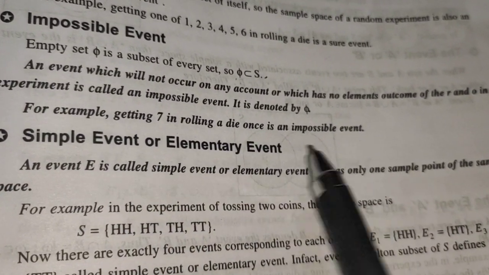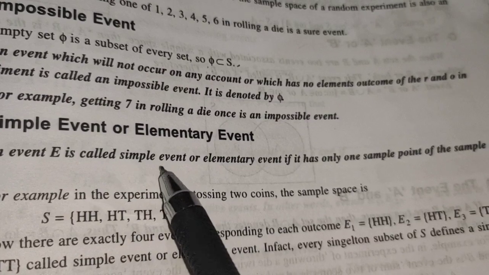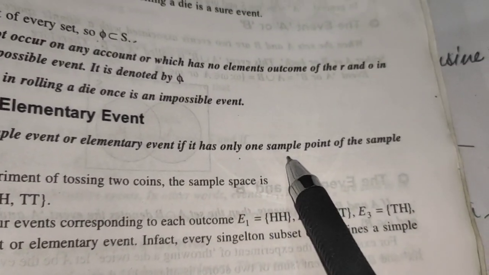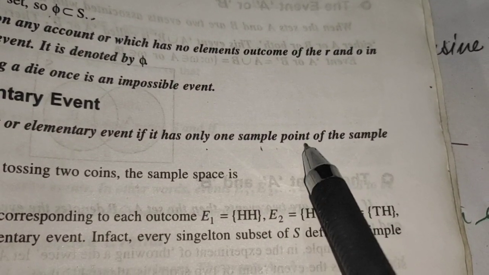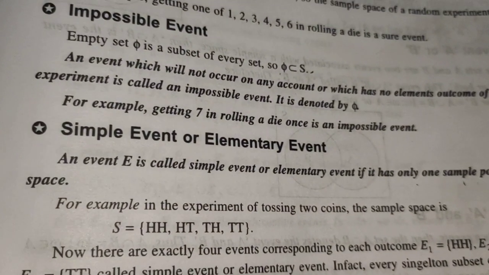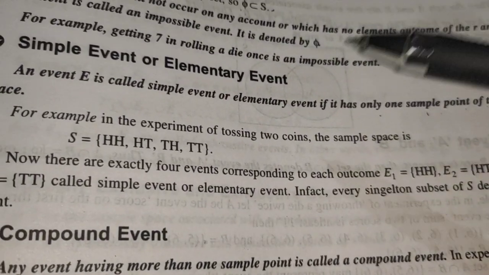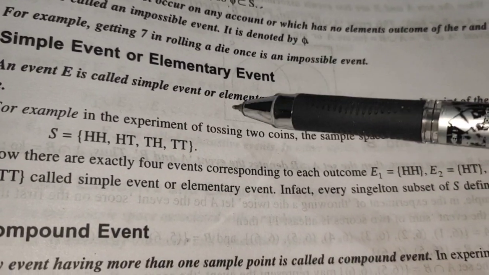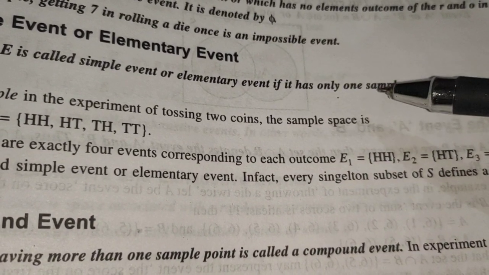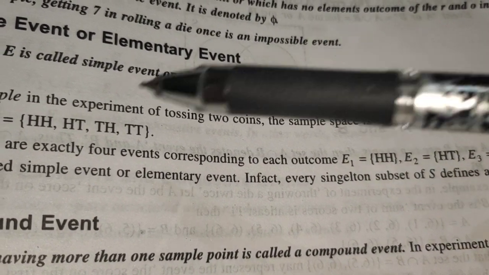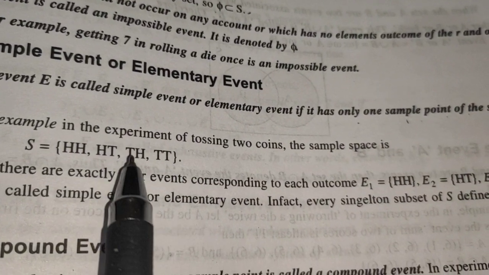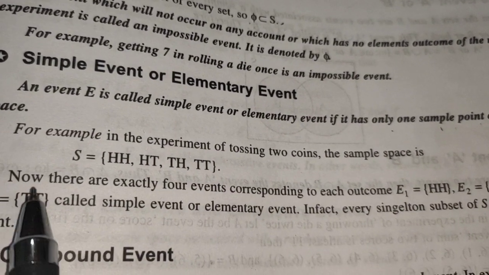Simple event or elementary event. An event E is called a simple event or elementary event if it has only one sample point of the sample space. Suppose 2 coins are tossed once, then the total sample space will be HH, HT, TH and TT.